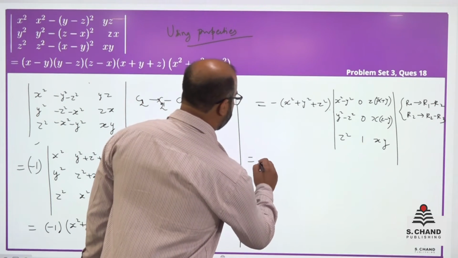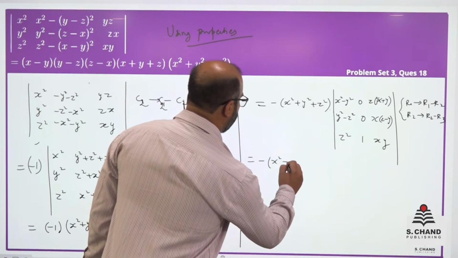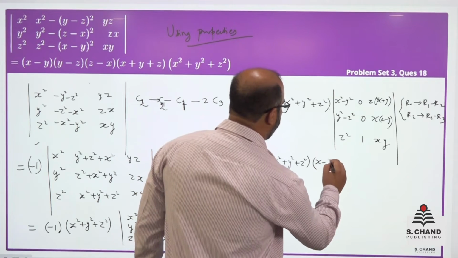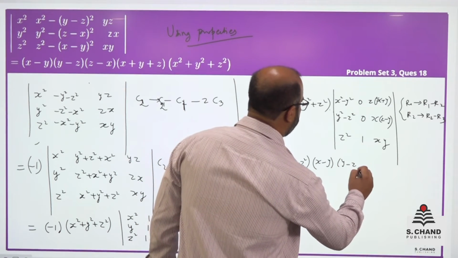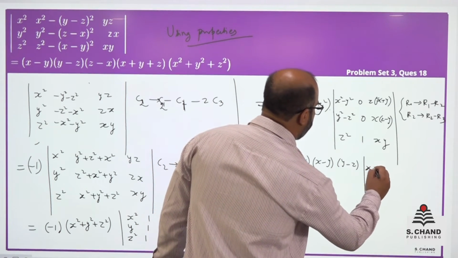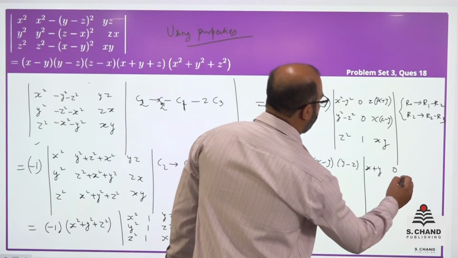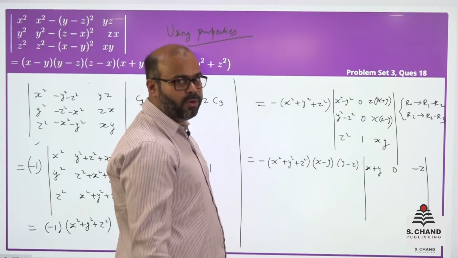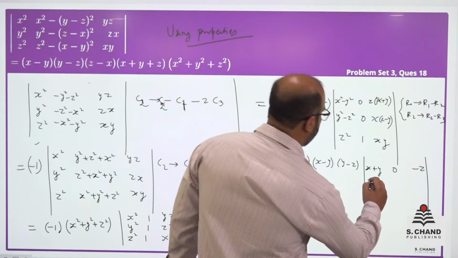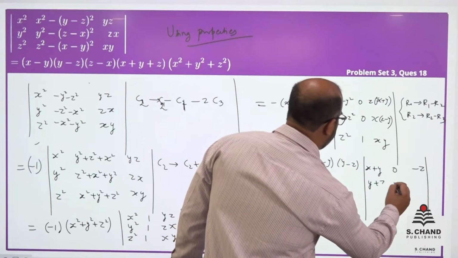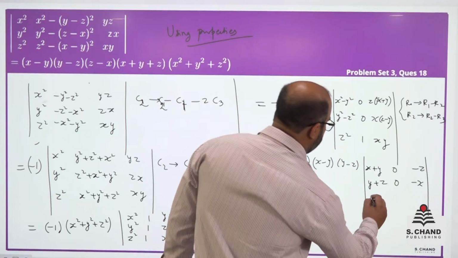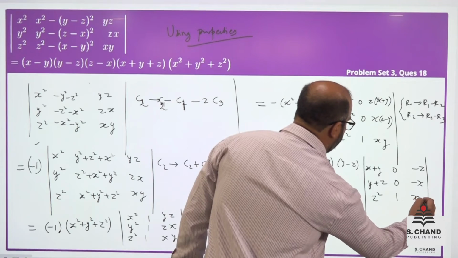So this will be minus x square plus y square plus z square into x minus y from the first row, y minus z from the second row. This will become x plus y, 0 and minus z, because you are taking x minus y, not minus x plus y. This is y plus z, 0, minus x, and this is z square, 1, xy.